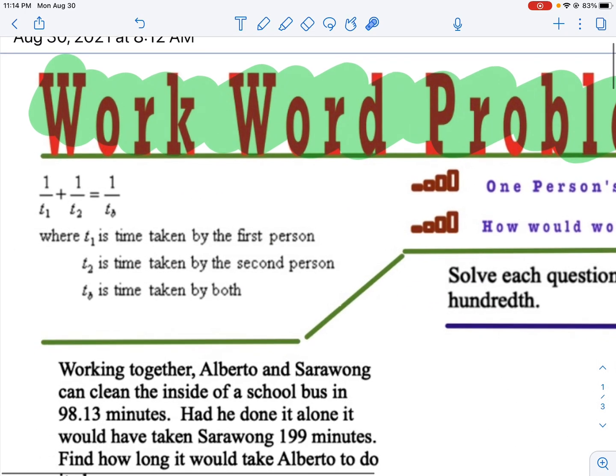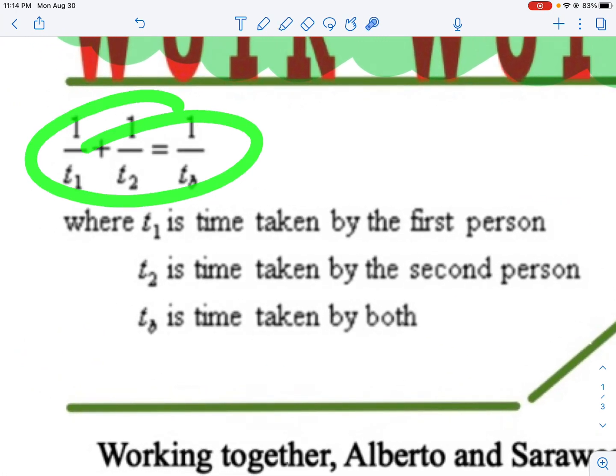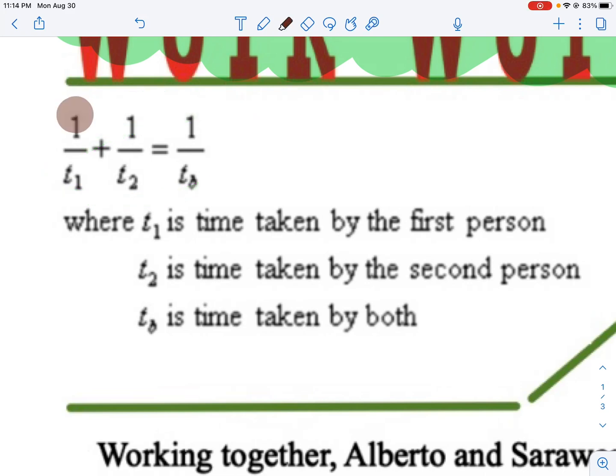Now, the formula, or the tool, that we're going to use is this right here. As we remember, 1 over T1 plus 1 over T2 equals 1 over T3.